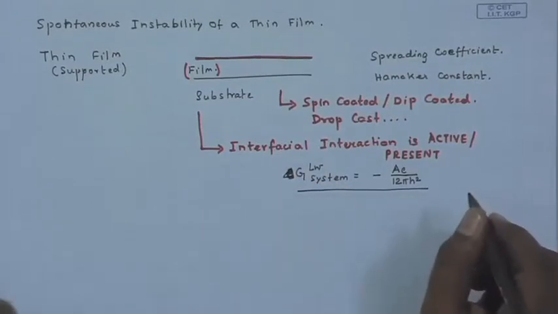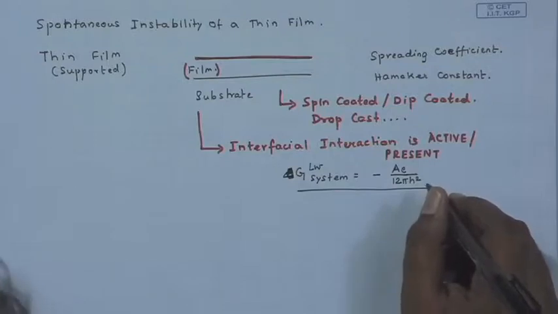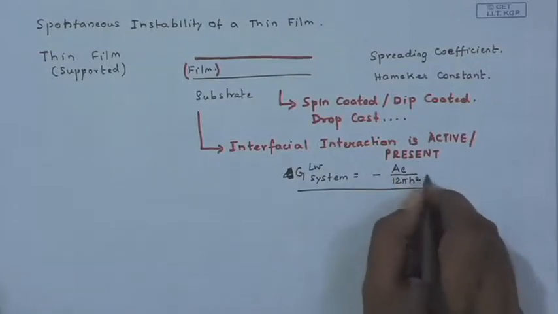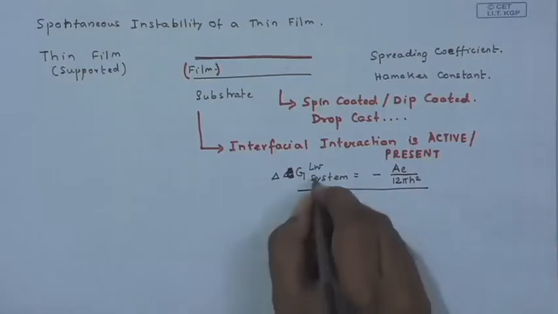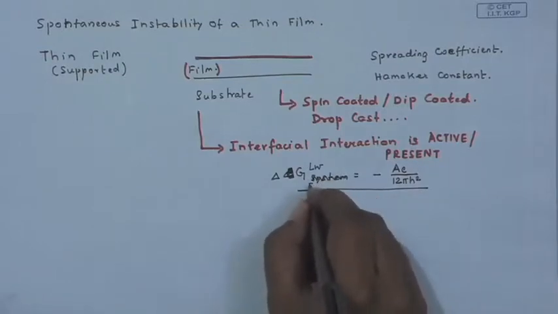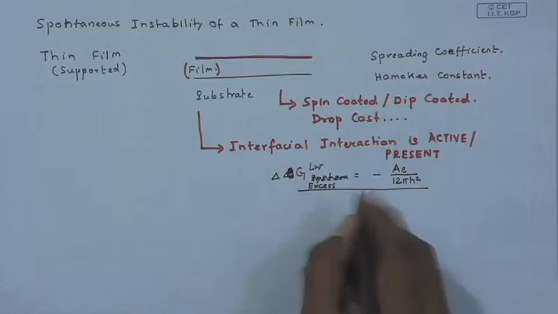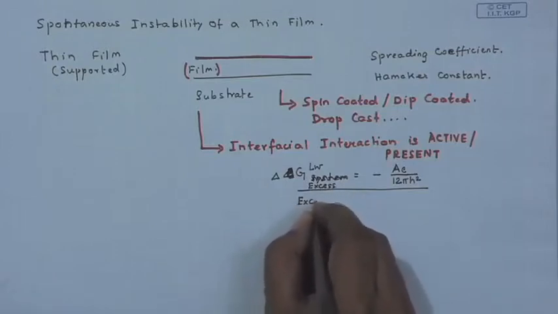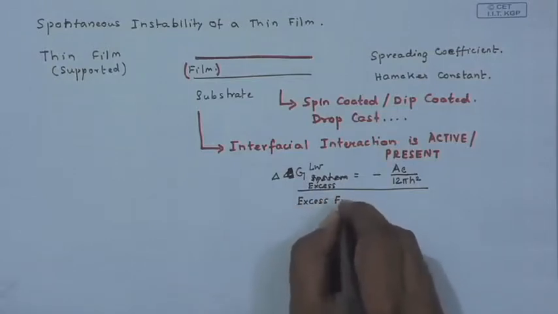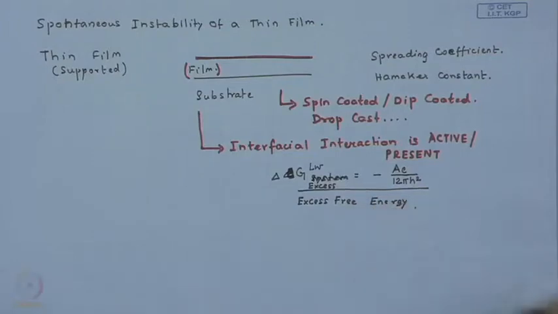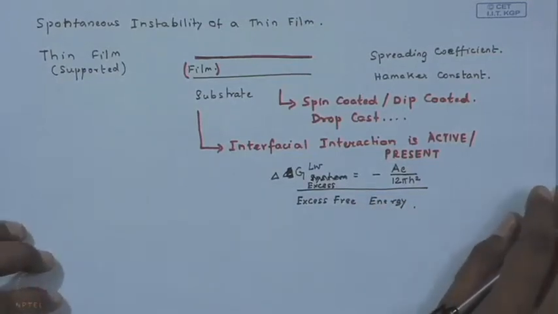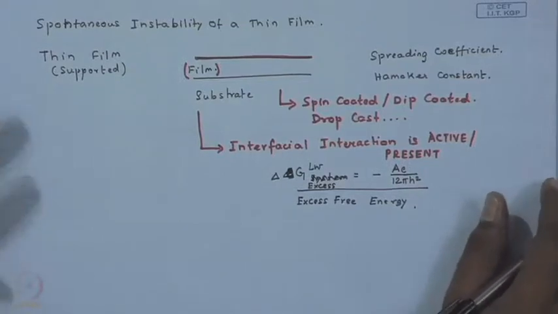So, you can immediately see that higher is the value of H, this excess interfacial energy, or let us write the excess free energy of the system, will tend to 0.